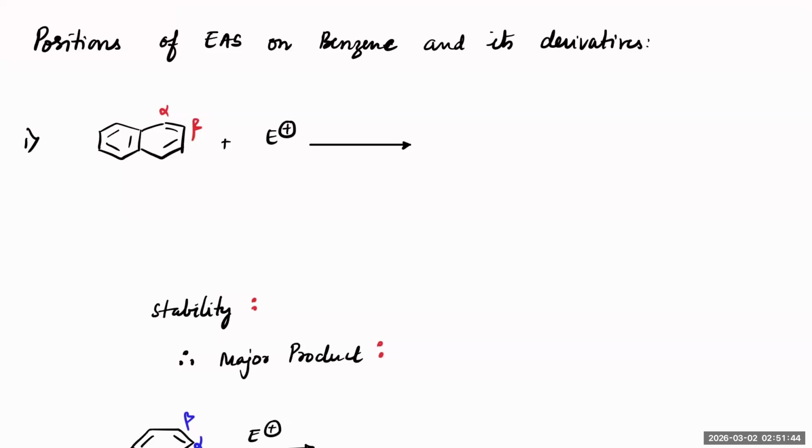Now you see when it comes to the alpha position, how is it located? Suppose an electrophile goes here like this, then the positive charge will come here, the double bond will be here, correct? This is when the electrophile is present on the alpha position. Second, if the electrophile is present here, then this is where the positive charge will come.